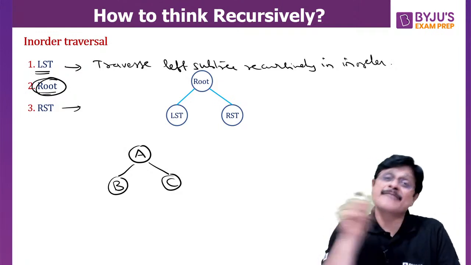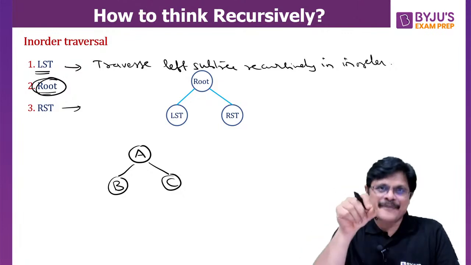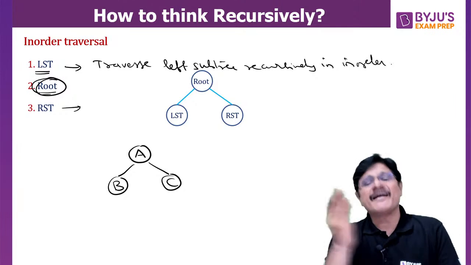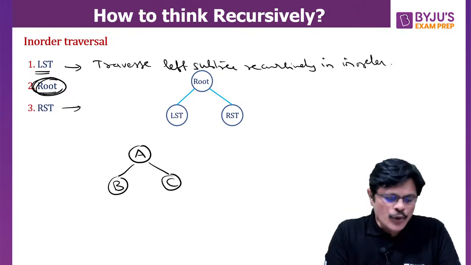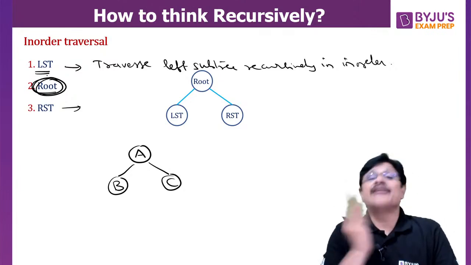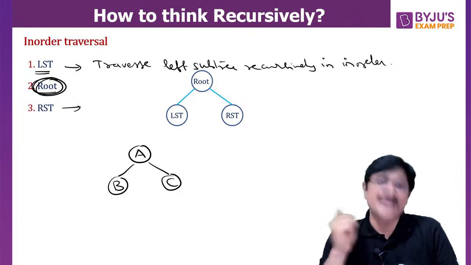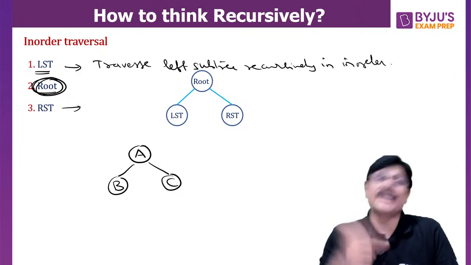That's why we call it pre-order. In in-order, the root node is printed in between. That's why it is called in-order. And in post-order, the root node is printed after recursively traversing the left and right subtrees. Here, the root node is printed in between the left and right subtree. That is, first the left subtree is traversed recursively in order, then the root node is printed, then the right subtree is traversed recursively in order.